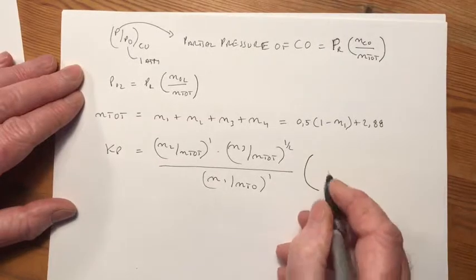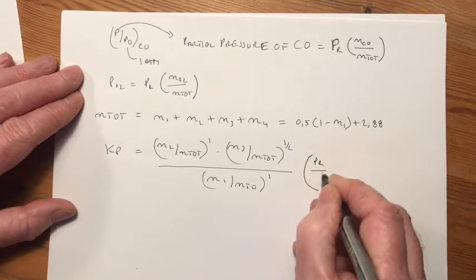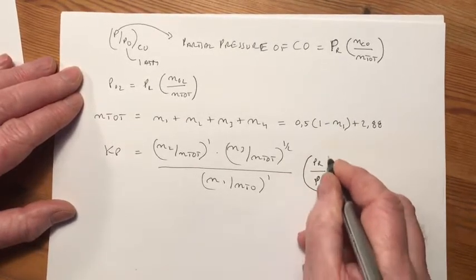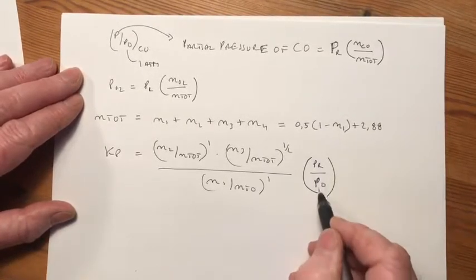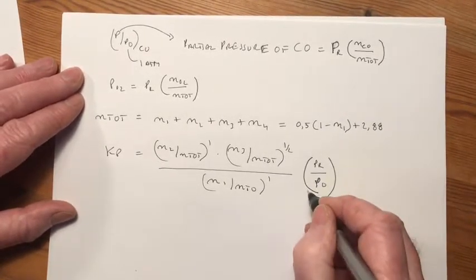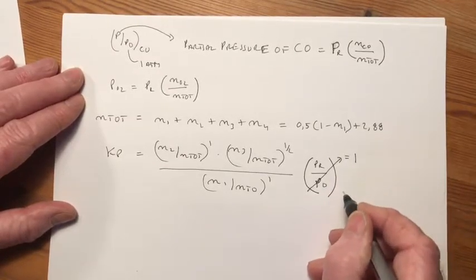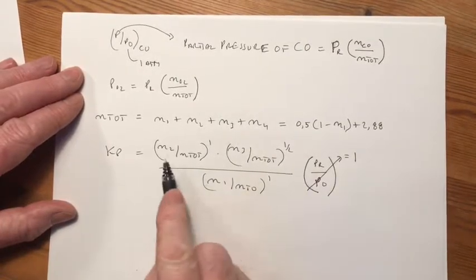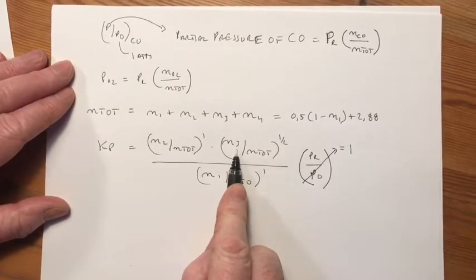And the pressures will appear out here: P reaction divided by P0. Now P reaction is equal to 1 atmosphere, and P0 is equal to 1 atmosphere, so this term becomes equal to 1. Good. So we know what N2 is in terms of N1, similarly for N3.